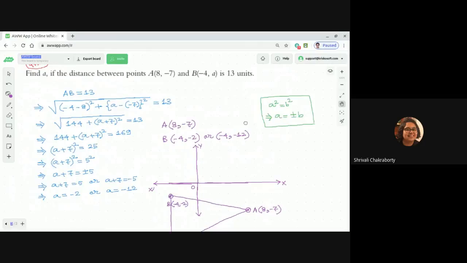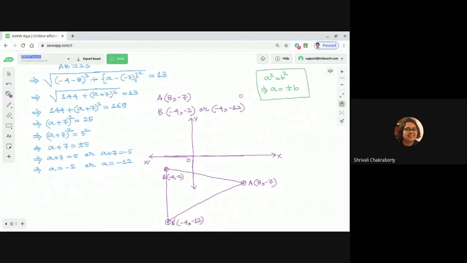Sir, can it never be an equilateral triangle? Is it always going to be isosceles? No, it can be. In the context of this question, we found that AB is equal to AB dash. Now you find BB dash. It is actually 10 units, isn't it? Yes, sir. Because it is minus 12.